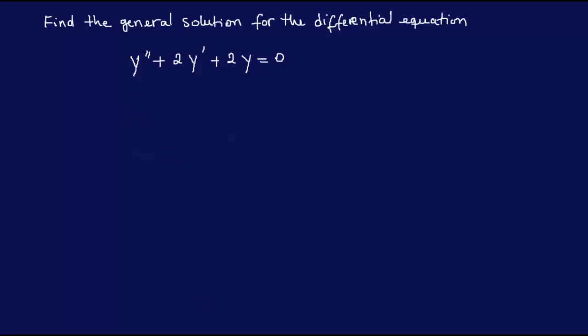So I have r squared plus 2r plus 2 is equal to 0. Now my a is 2 and my b is 2. I have to write that because otherwise you can mix that up with thinking that a is 1 over here.